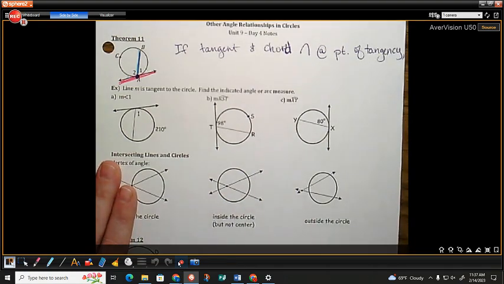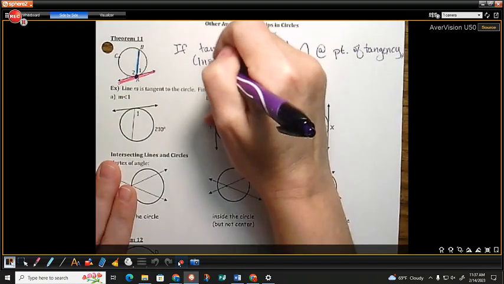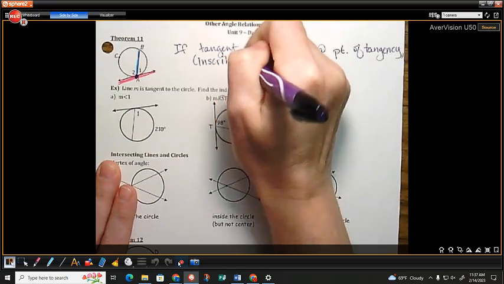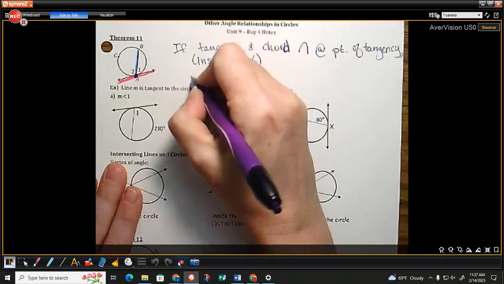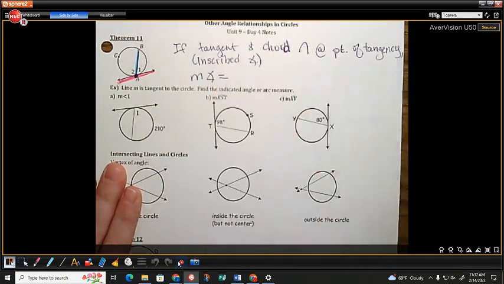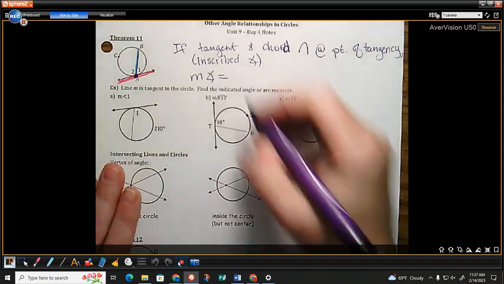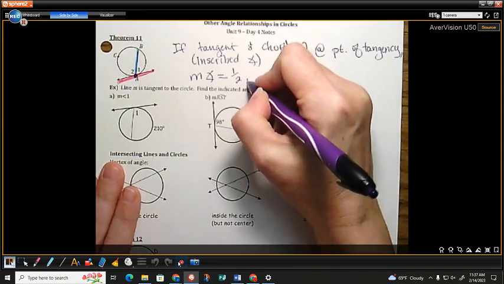So, oh wait, so it's an inscribed angle. But if it's an inscribed angle, the measure of the angle will be how much? Half the measure of the arc.